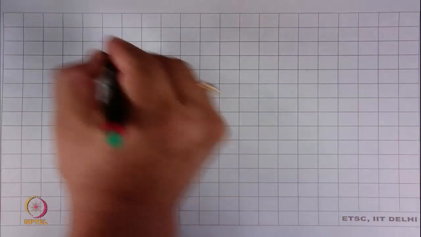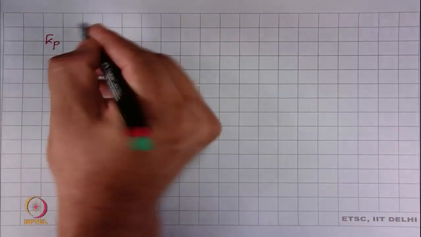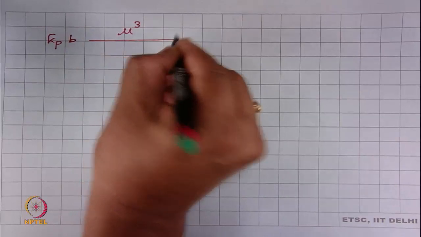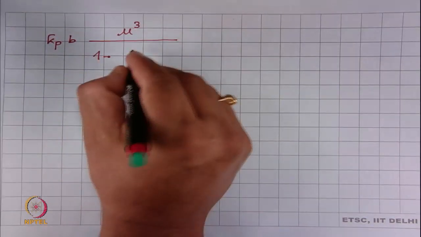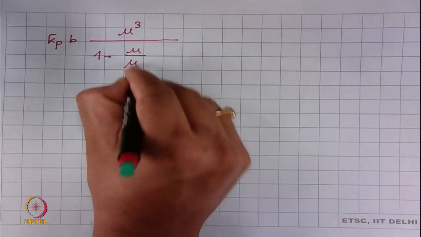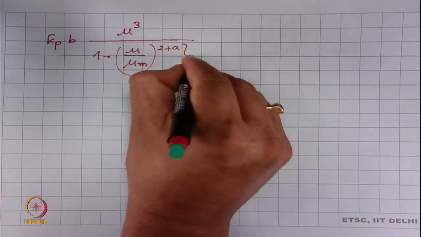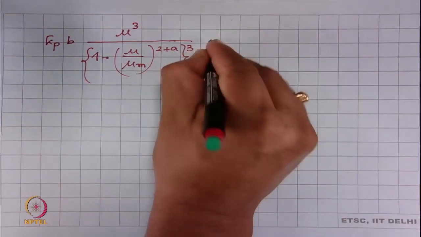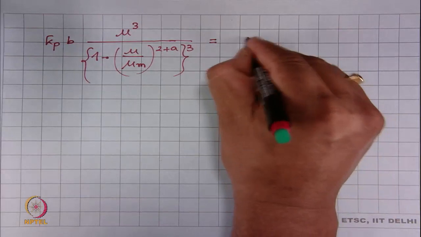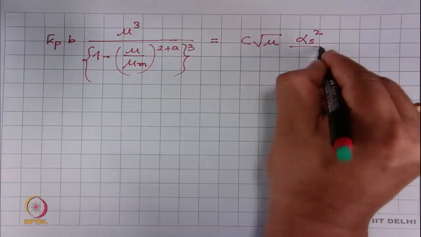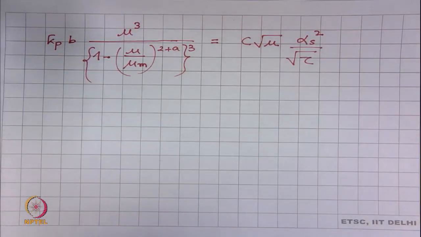So, K p times b mu cube by 1 minus mu by mu m 2 plus a cube is equal to C times mu alpha a square by tau, right. These two are equal to pressure. So, they are equal.